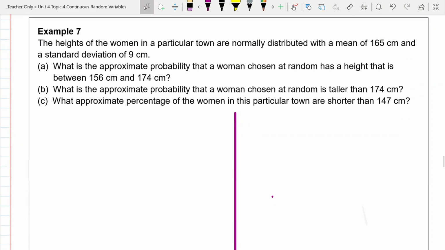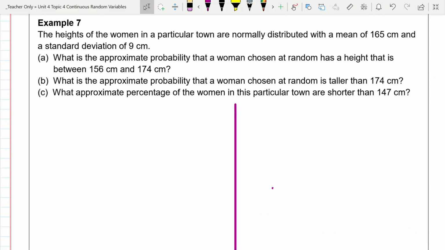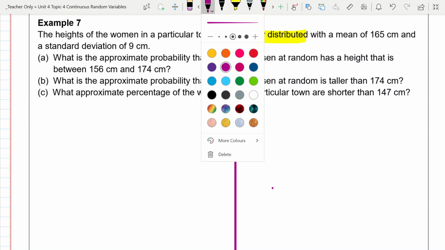Okay, so it says the heights of the women in a particular town are normally distributed. They're telling you they're normally distributed with a mean of 165 centimeters and a standard deviation of 9 centimeters. And with that, they go straight into what is the approximate probability that a woman chosen at random has a height that is between 156 and 174.